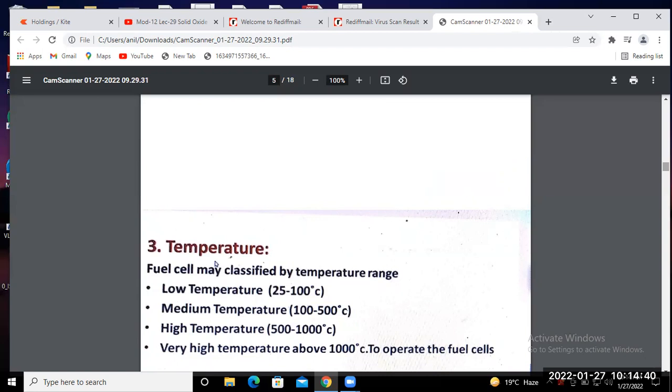So a fuel cell may be classified by temperature range, where the temperature may be classified in various categories: low temperature, medium temperature, high temperature, and very high temperature of cell operation.